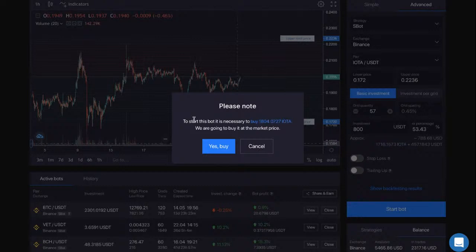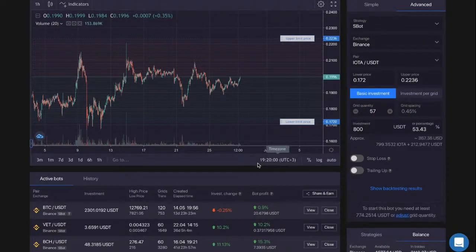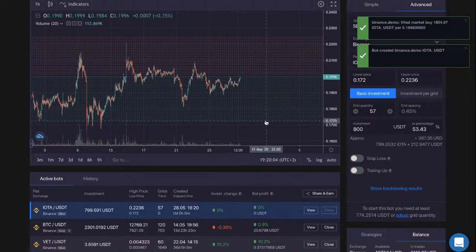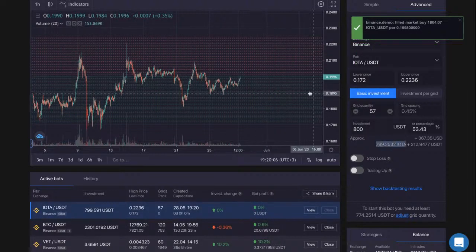And if you don't have it, we will buy it for you at the market price. So that is a really cool thing that we have at Bitsgap, when you just simply click on yes, buy it, and the system will place the market buy order to buy that required amount of IOTA to initiate the bot.